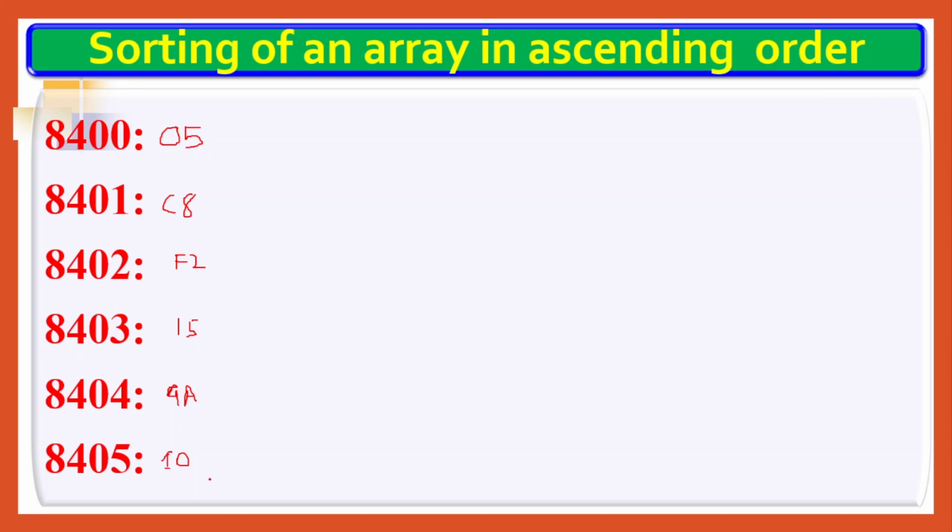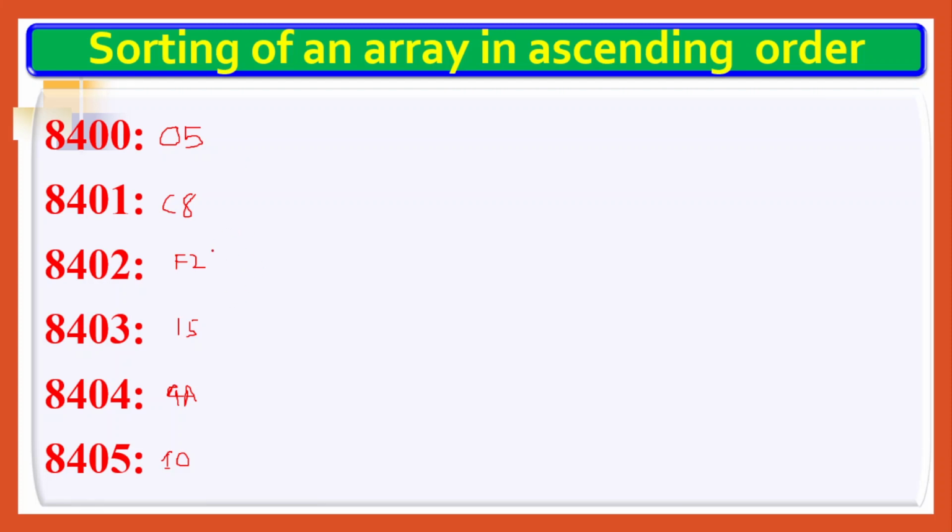So this is the data we assumed, and we have to perform the sorting operation in ascending order. Ascending order means 10 is the first element, then 15 second, then 4A third, C8 fourth, and F2 fifth. In that order it should be sorted.